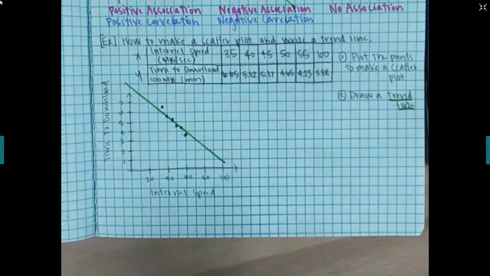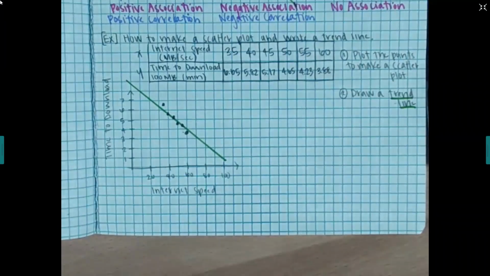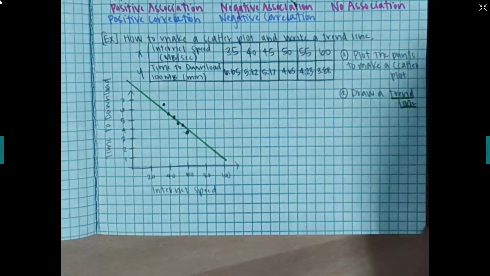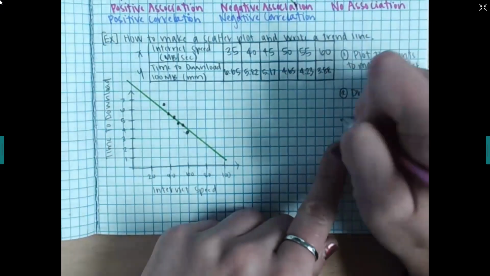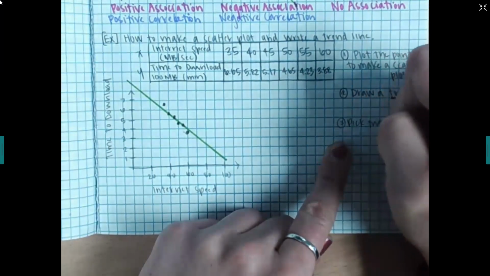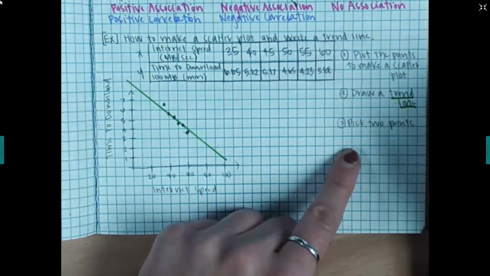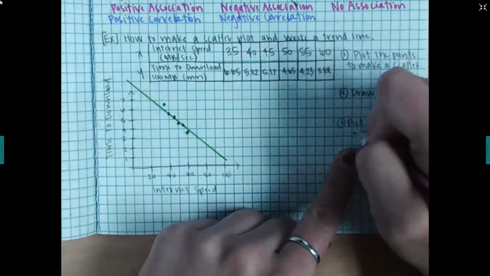Okay, now, once we get our trend line drawn, we're going to basically write an equation using this green line that we just created. So we're going to pick 2 points on the line. That's very important.